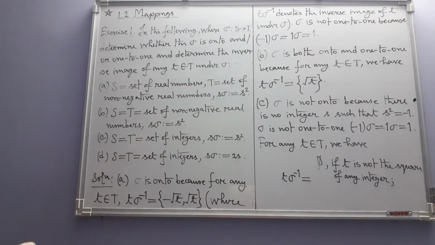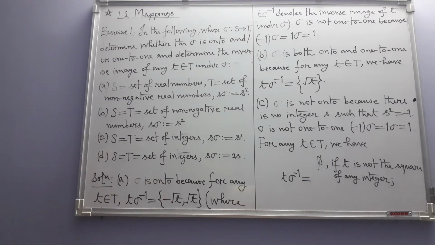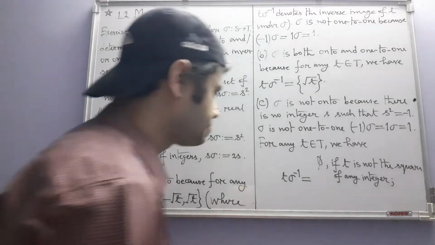And if t is the square of some integer, say t is equal to s square, where s is an integer, then this set will consist of minus s and s.